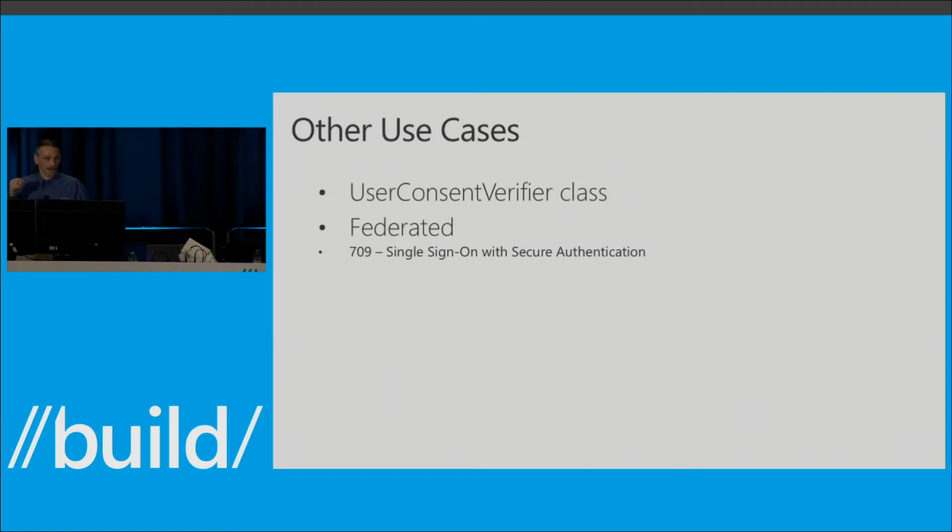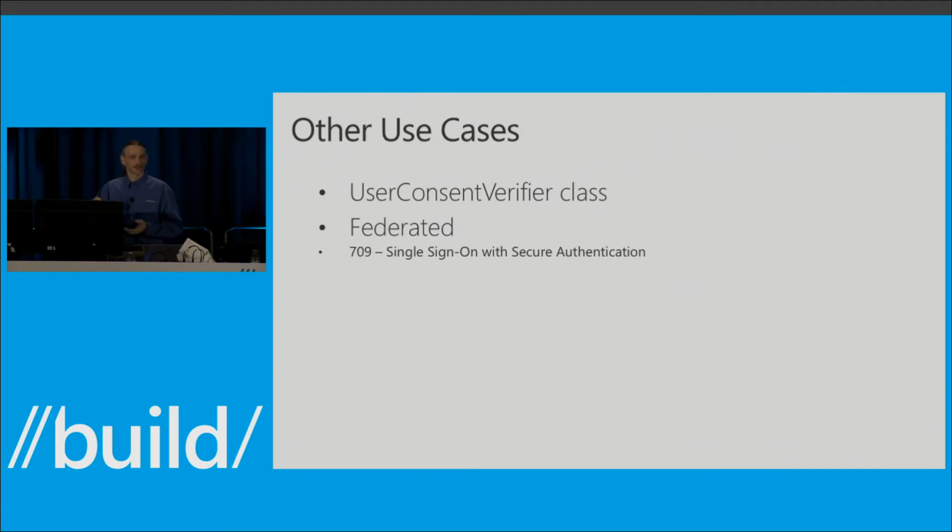If you are interested in federated, and what I mean by federated is that you have an application where you use a Microsoft account or Azure Active Directory as your identity to your app, or you're a third-party identity provider where you are going to write applications where you want others to use your identity, then what we would strongly suggest is that there's a session tomorrow, session 709, single sign-on with secure authentication.